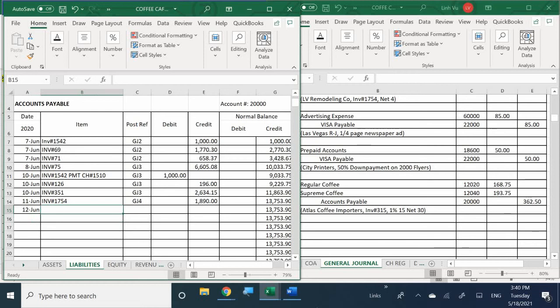So here we are, invoice number 315. General Journal number 4, and we're increasing our debt by $362.50. Now that brings our account balance to $14,116.40.